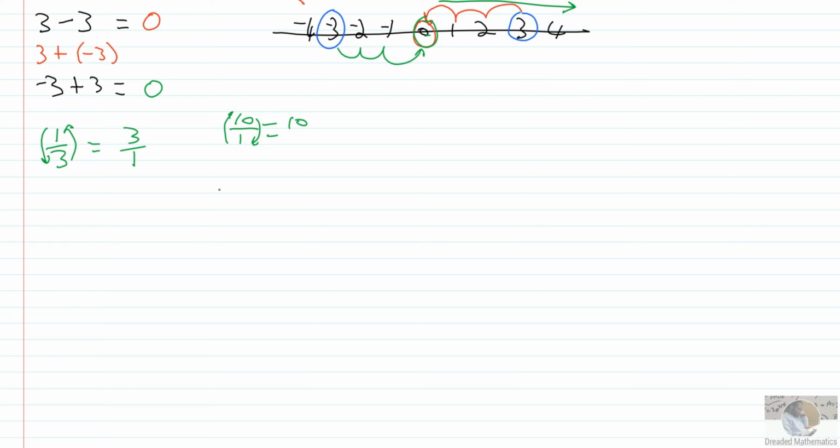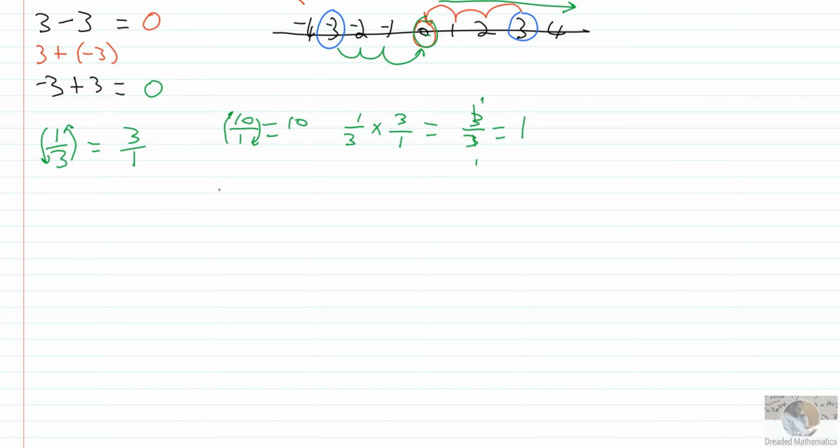And the question is, what happens when you combine a number with its reciprocal? As in, what happens when you multiply a number by its reciprocal? So you can think of 1 over 3 multiplied by 3 over 1. 3 times 1 is 3, 1 times 3 is also 3, and 3 over 3 is 1.